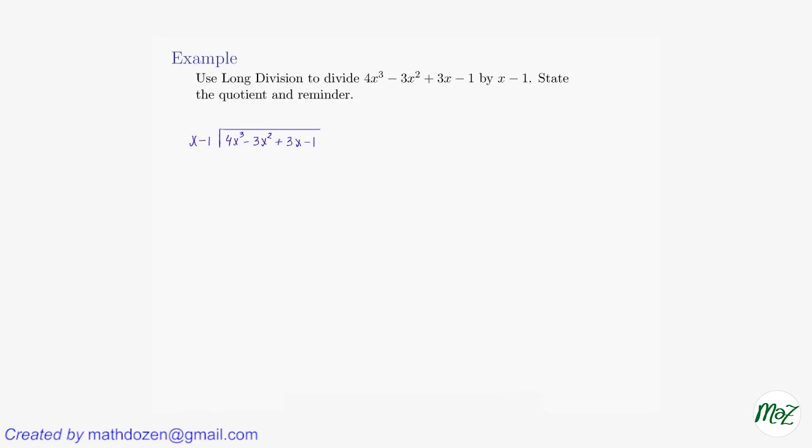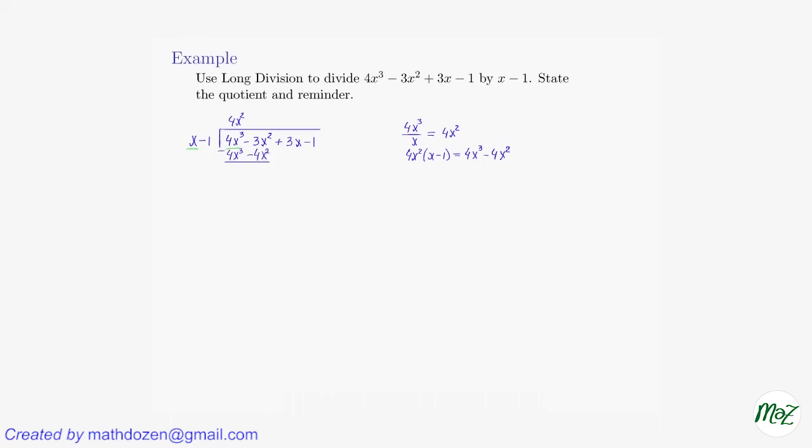Now let's work on using long division to divide 4x cubed minus 3x squared plus 3x minus 1 by x minus 1. So let's see. We look at the leading terms, and 4x cubed divided by x is 4x squared. That's the first term of the quotient. Then multiply 4x squared by x minus 1, that gives us 4x cubed minus 4x squared.